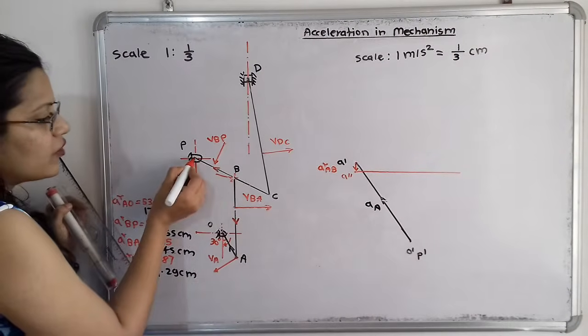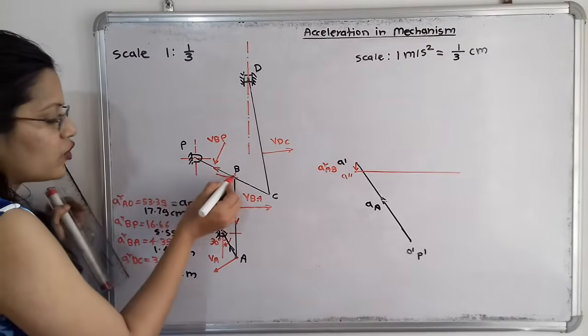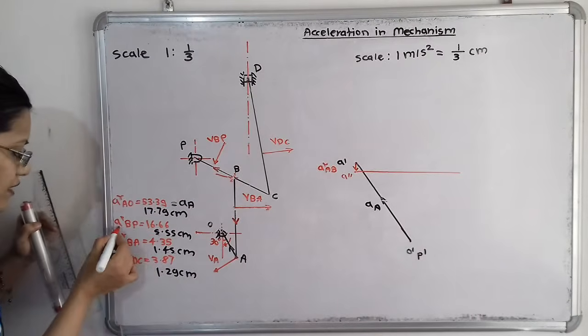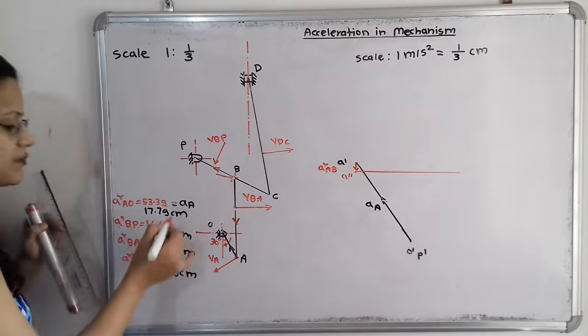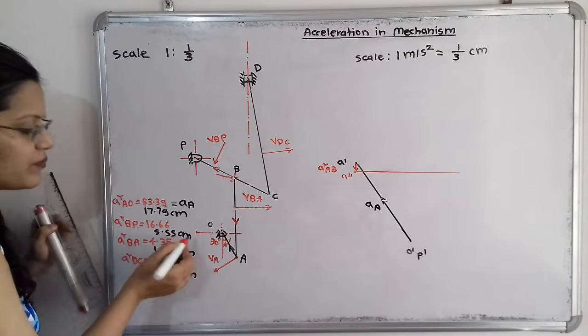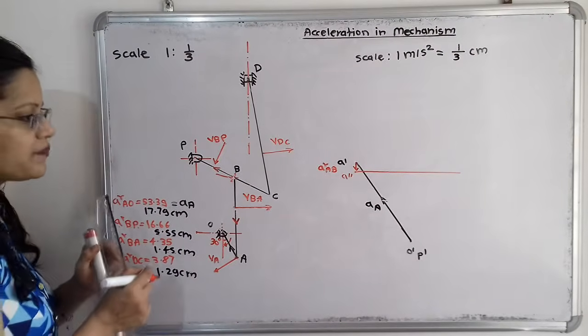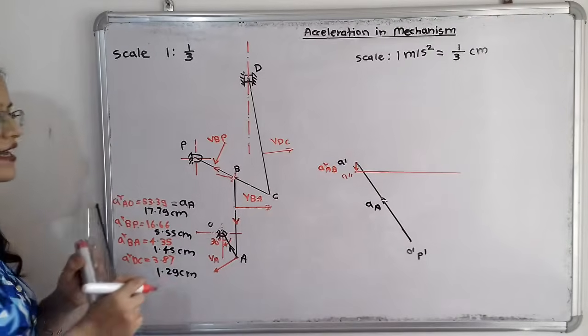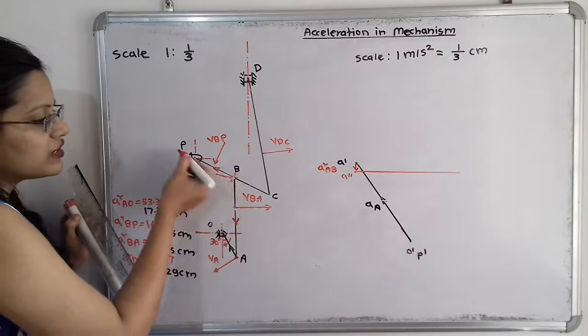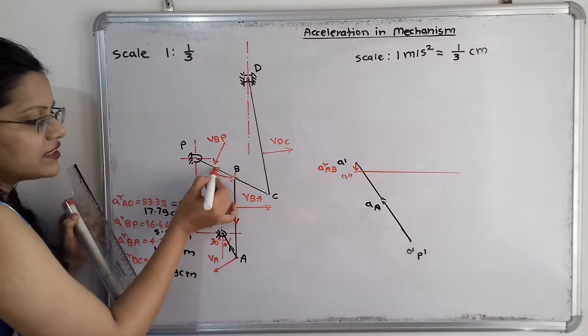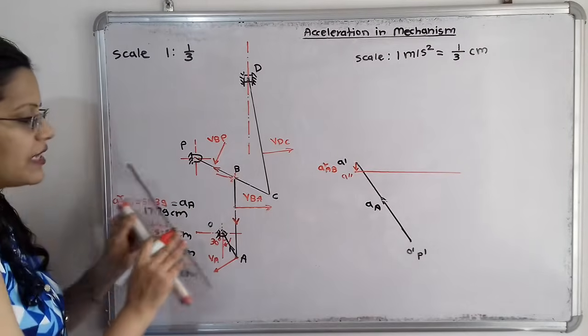If we observe, this point B is connected to this point P. If we take the radial component of PB, the radial component of BP is 16.66. As per scale we have to take 5.55 centimeter distance. We draw the radial component parallel to this link PB, and the direction is towards the fixed point, that is the left hand side.